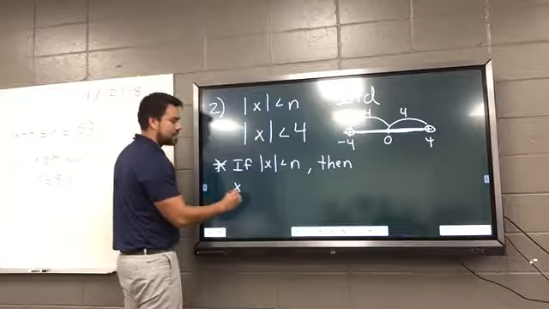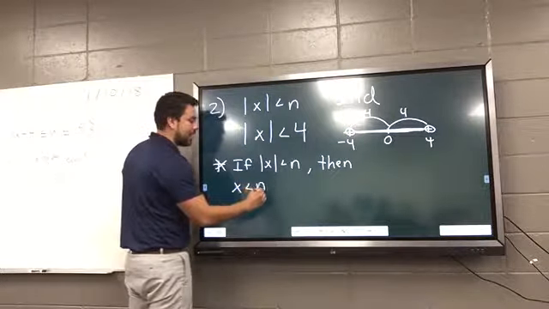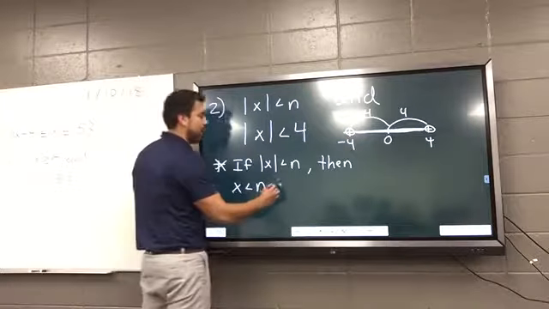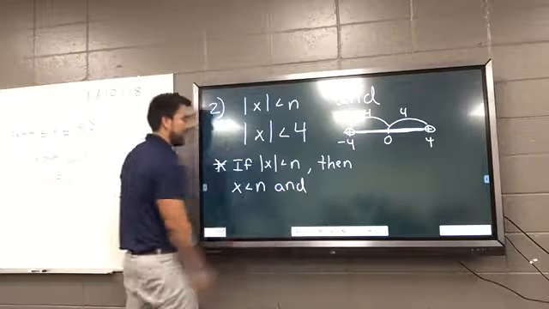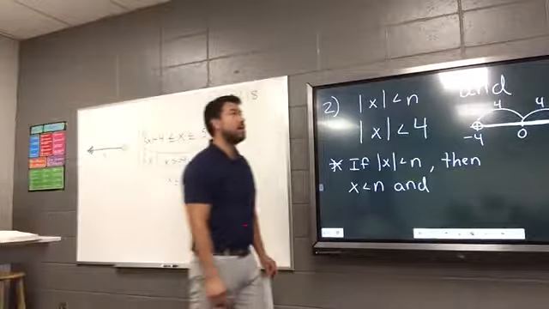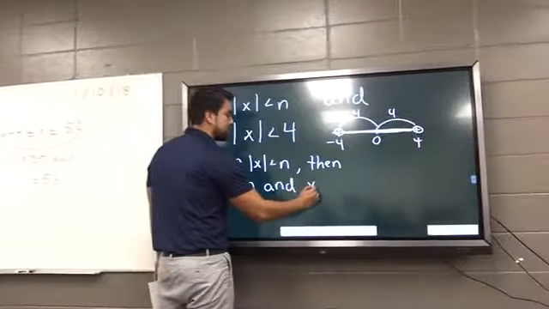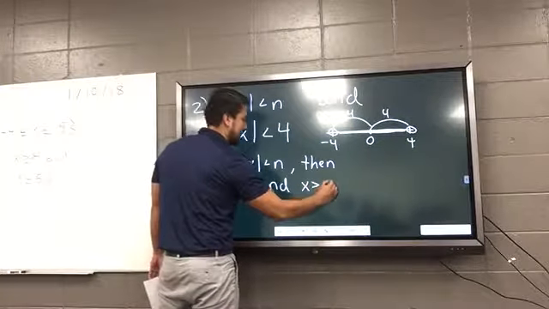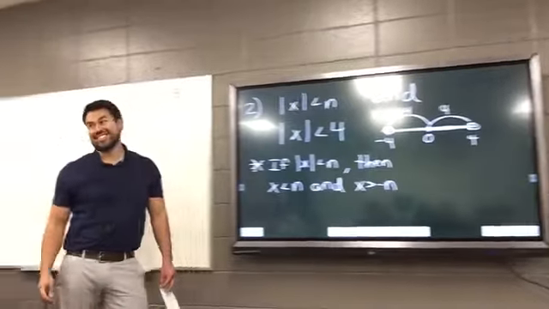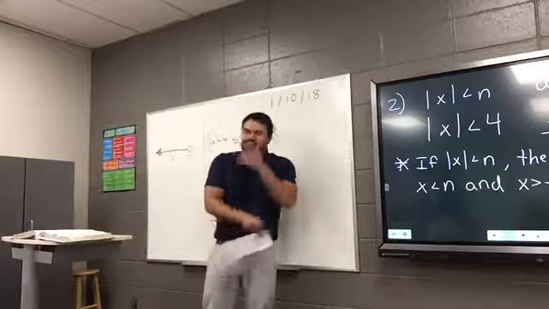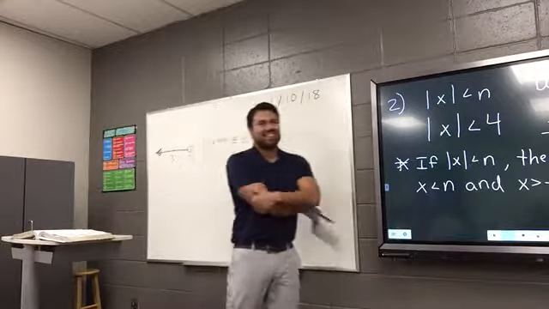Then x is less than n, and, so the word and is key to that. X is less than negative n? Close. X is greater than negative n. Because that makes sense because you have to flip it.